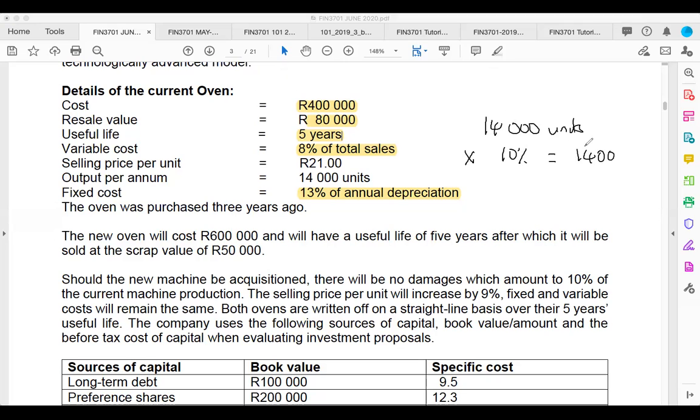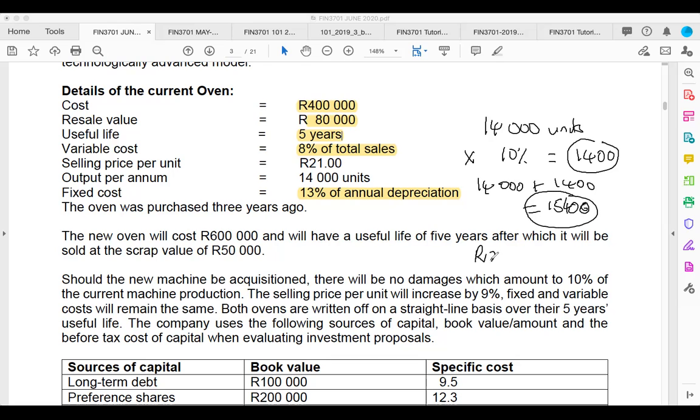So it means by purchasing the new machine, the output is going to go up by 1,400, which is 10% of this 14,000. So 14,000 plus 1,400 gives 15,400. This will be the new output as a result of purchasing the new machine.